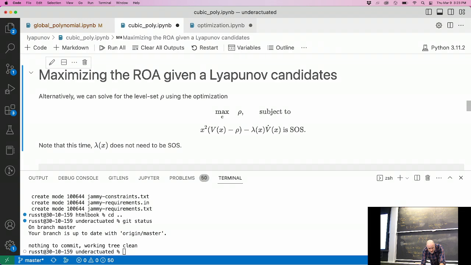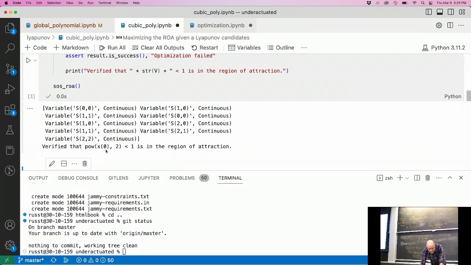And when it succeeds, it says yes, x squared less than 1 is in the region of attraction. Why did I write the domain like this? Why didn't I write something else like, x between negative 1 and 1?